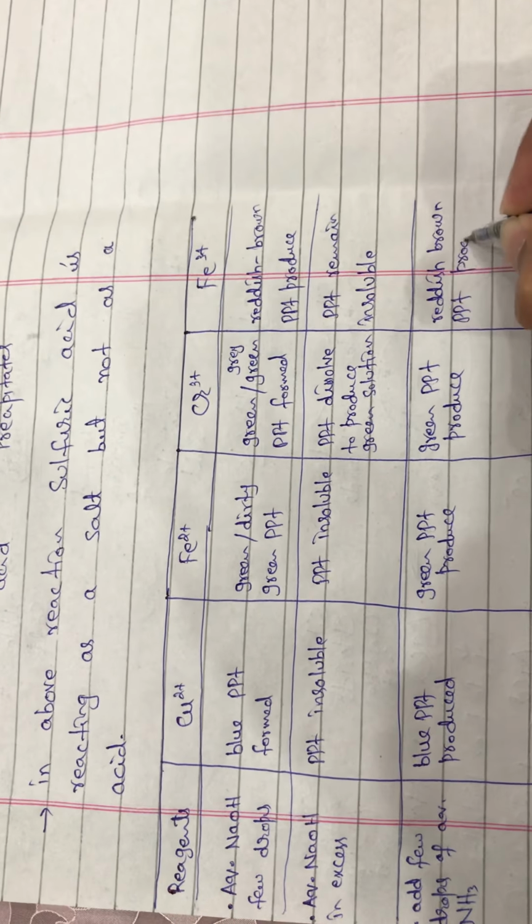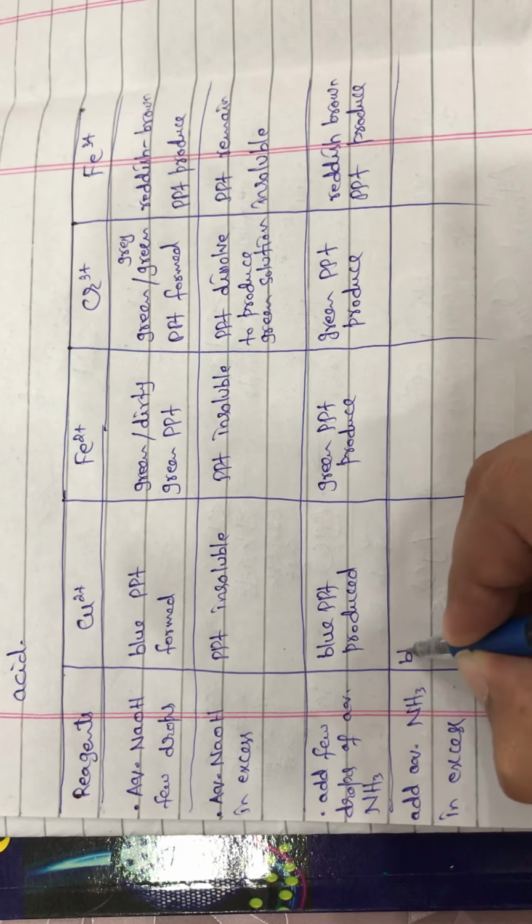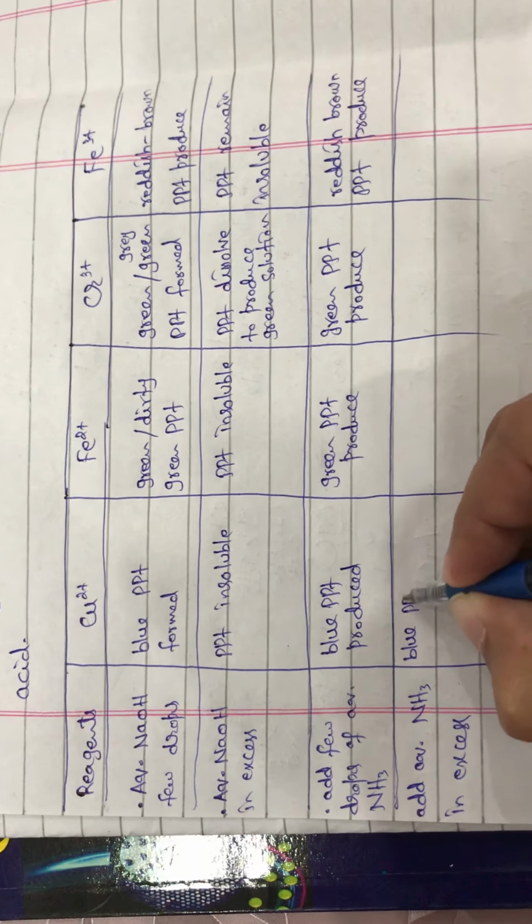When we are going to add ammonia in excess, add aqueous ammonia in excess. So when we are going to add aqueous ammonia in excess, we will find that blue precipitate dissolve to produce deep blue solution.